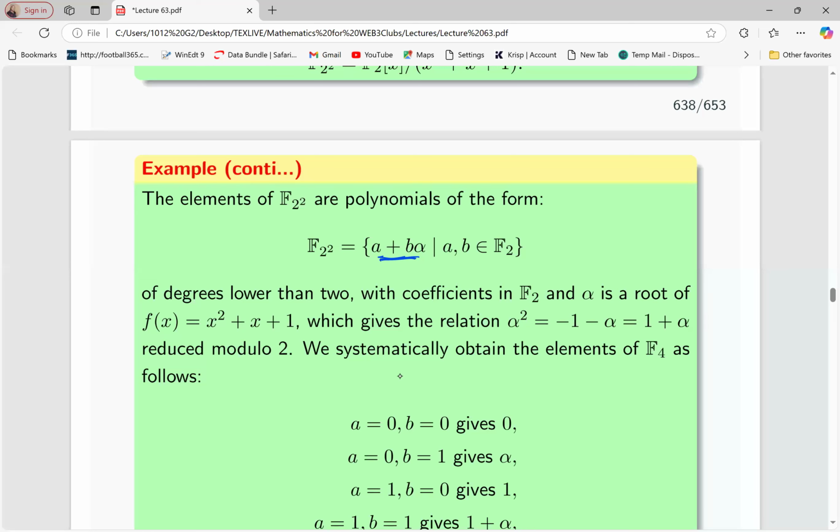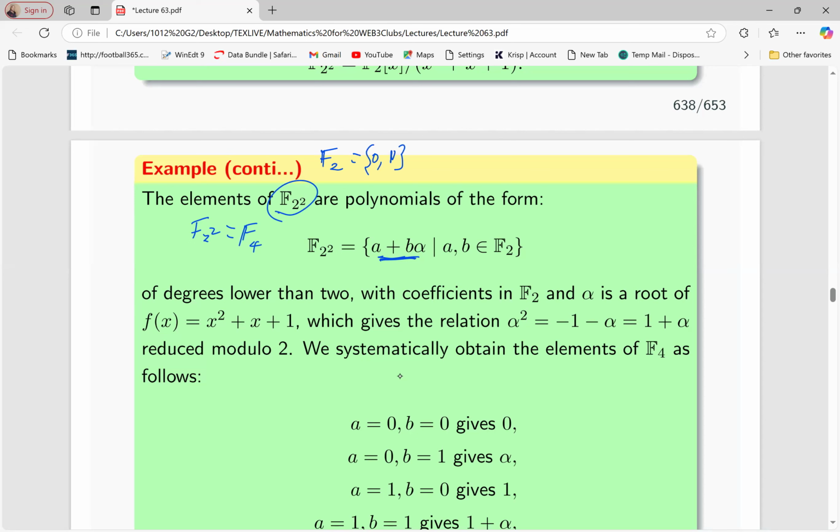We want to create F2^2, which I've said is the same as F of 4. The elements of this will be polynomials. Remember, the elements of F2 are not polynomials. These are just 0 and 1.